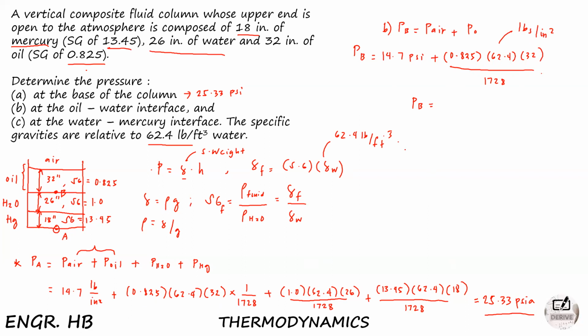So that was helpful for the letter B kasi without analyzing each unit, alam natin that that was pounds per square inch. So that was 14.7 plus 0.825 times 62.4 times 32 divided by 1728. So that was 15.65 psia.